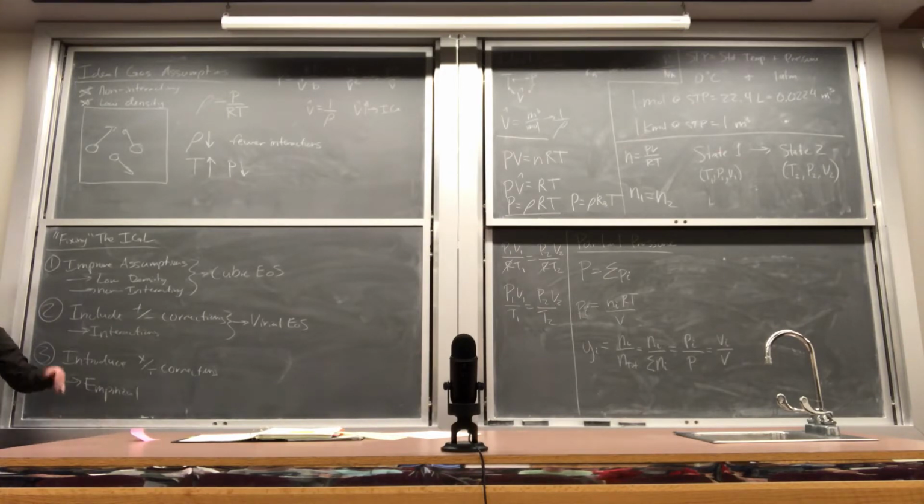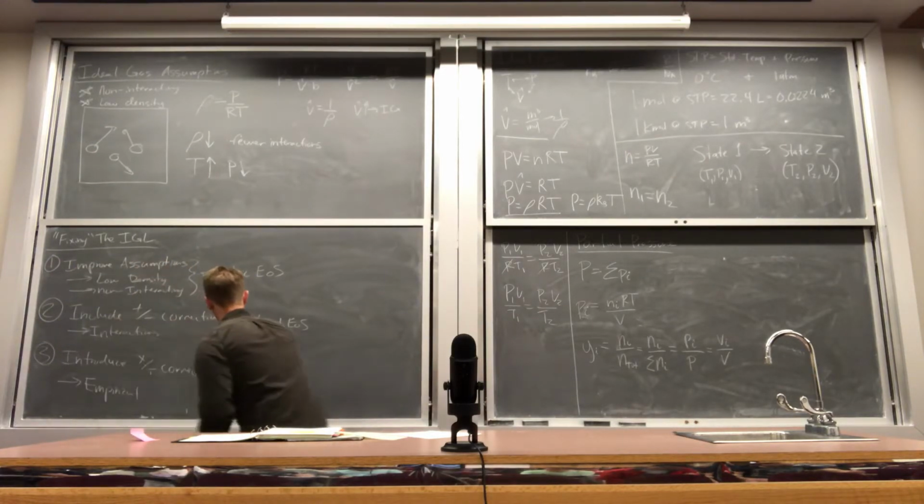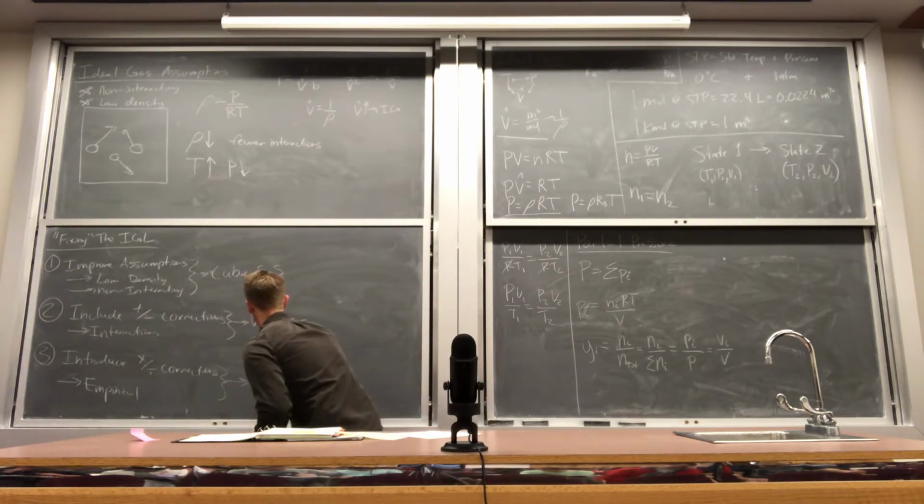We just say, you know what, let's just measure the properties of a lot of gases, add them together, and say, yeah, it's not 100% accurate, but it's better than just the ideal gas law. And this is where we get the compressibility factor. So Z is equal to the compressibility factor.